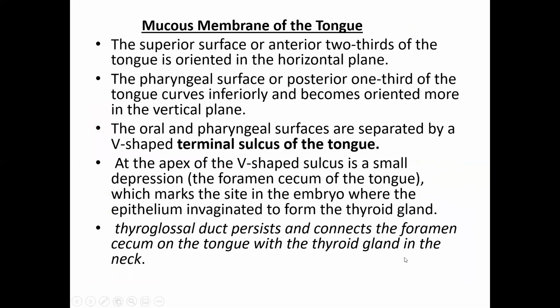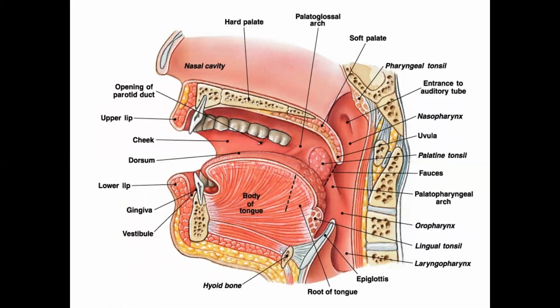Again, the same thing I told you. You can see here, this is the body of the tongue. Here we have the posterior surface of the tongue, the posterior 1/3, and this is the anterior 2/3 of the tongue. The anterior 2/3 is smooth and is also known as the dorsum of the tongue. Here the filiform, fungiform, vallate, and foliate papillas are located within the dorsum of the tongue.